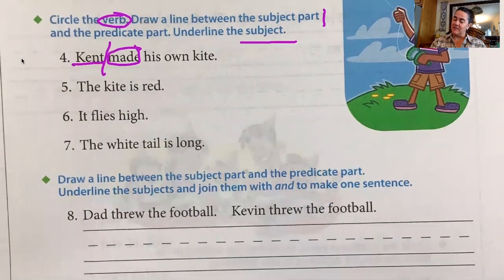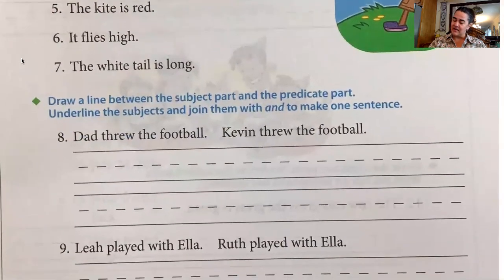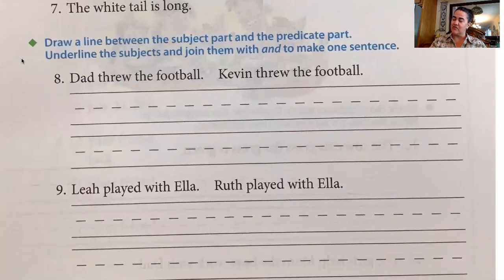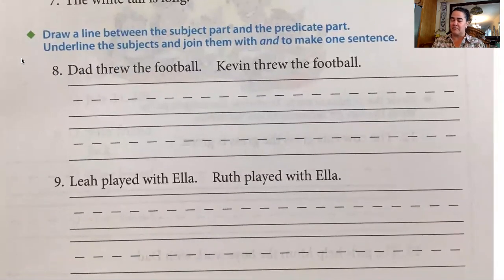Let's look at number 8 and 9. Numbers 8 and 9, we have to draw a line between the subject part and the predicate part. So draw your line right after subject, so we remember to do that. Underline the subjects, underline where it says subjects, and join them with and to make one sentence. Ready? Dad threw the football.